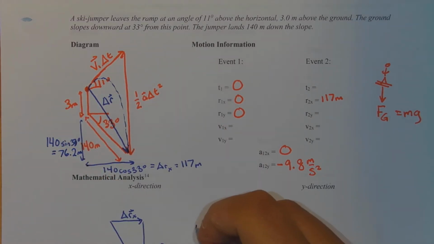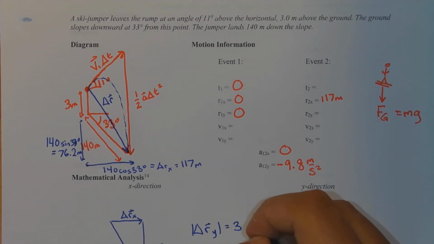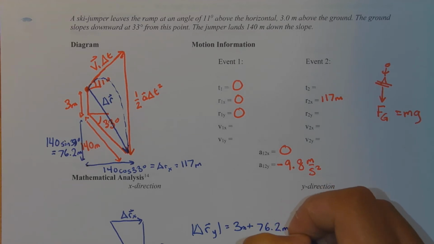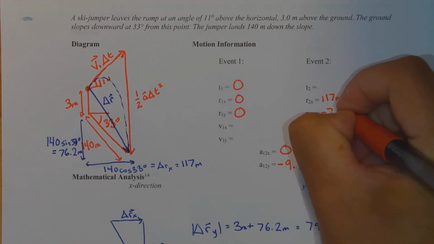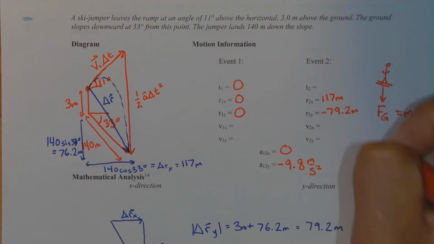So the magnitude of delta Ry is 3 meters plus 76.2 meters. That is 79.2 meters. But it's pointing downward, so we said upward was positive. So this would be negative 79.2 meters.